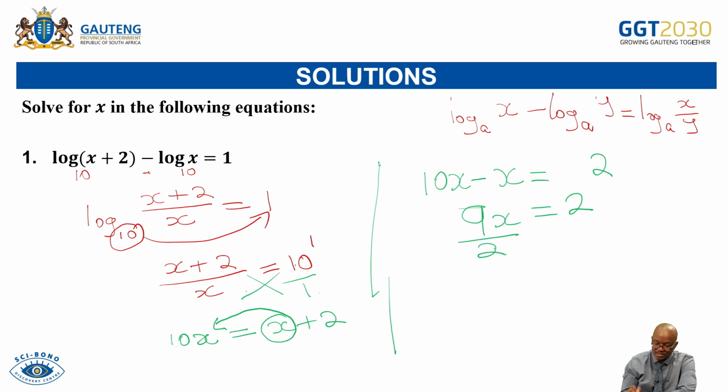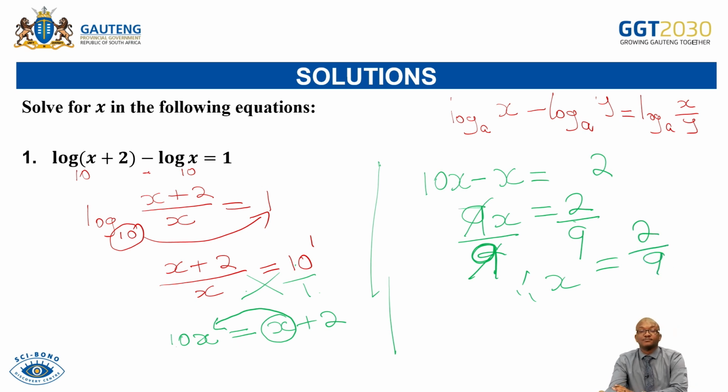Then we divide both sides by 9. 9 cancels 9. Therefore, x is equal to 2 over 9. So that's basically how you can solve that one.